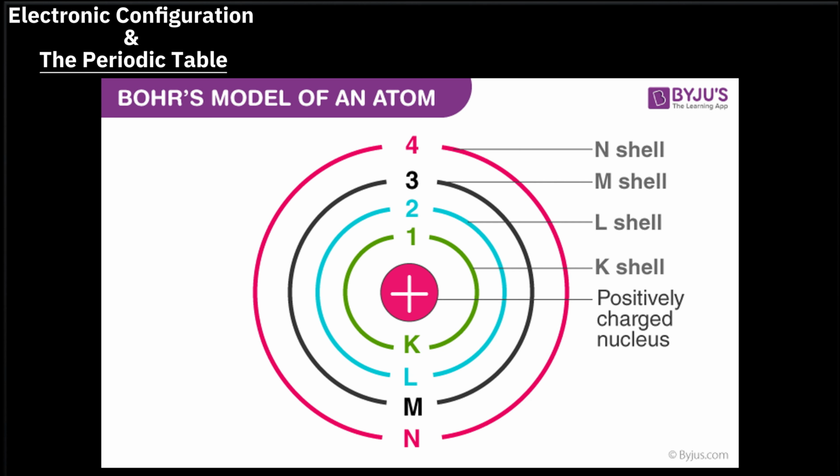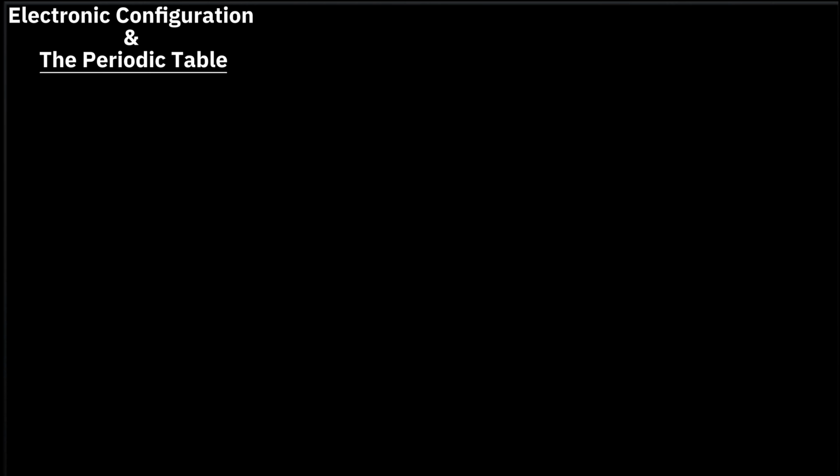From Bohr's model of an atom, as you can see there, electrons are arranged in different energy levels: number 1, number 2, number 3, on and on. What are the subshells and how do electrons fill them?